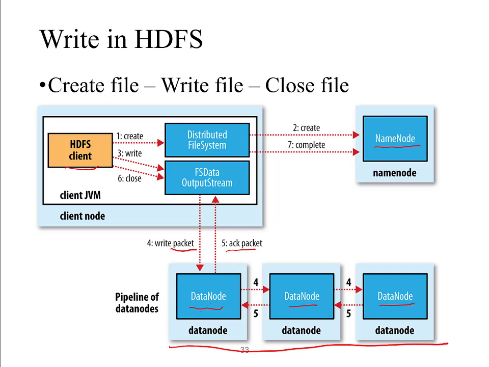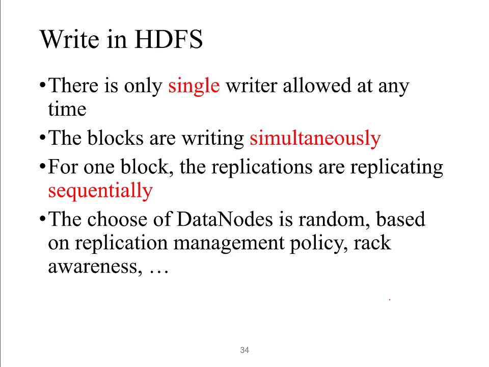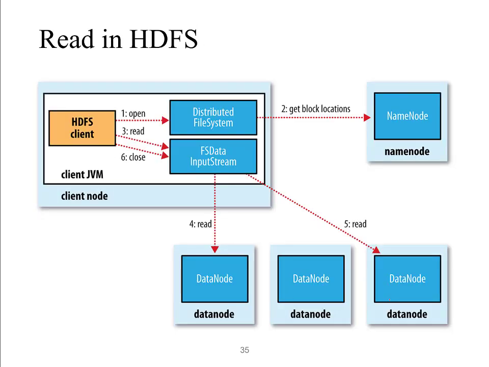So basically, the data passes from the first data node to the second and to the third. So the replication is sequential. And the choice of data nodes is random, based on the replication management policy and rack awareness, which we have mentioned before. So this is write in HDFS.